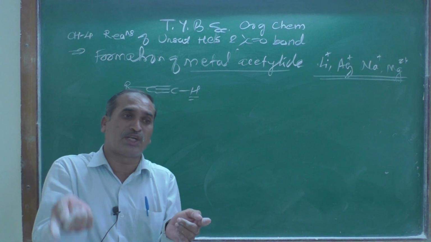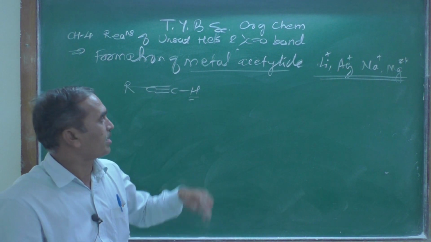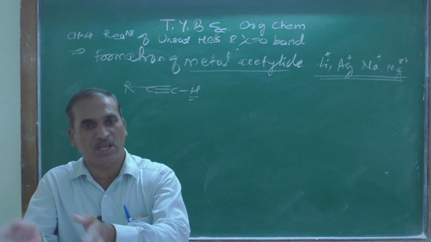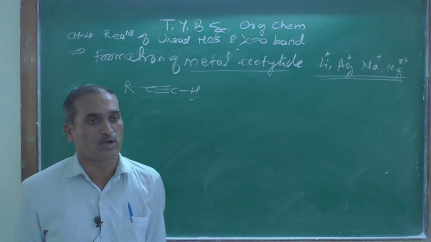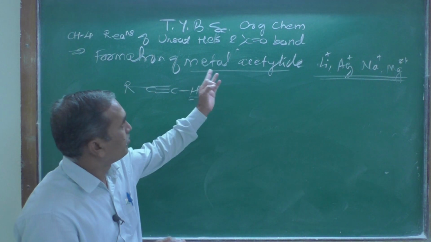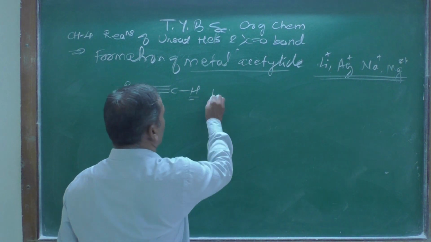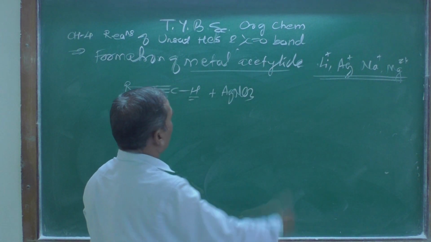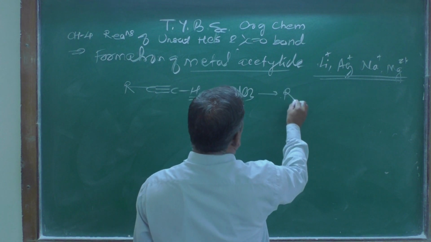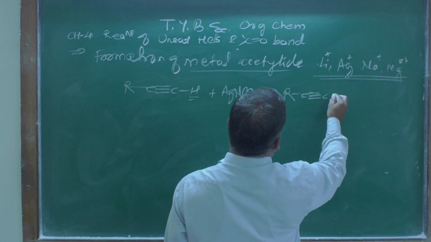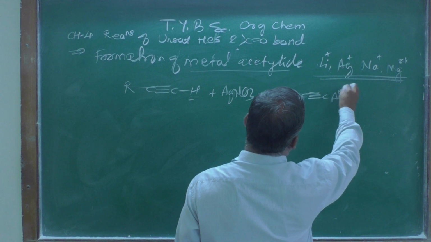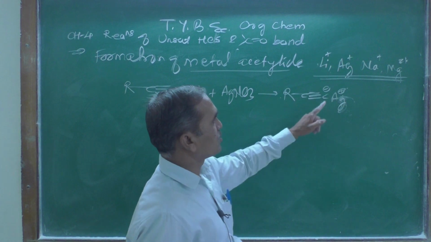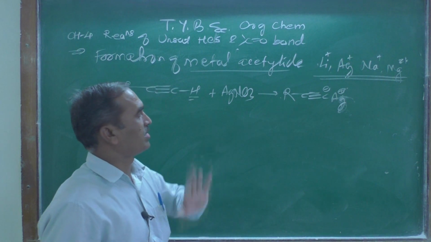That's why it can easily be abstracted by strong bases to form the resulting species, known as metal acetylides. Suppose we take AgNO3, silver nitrate, and we get R triple bond C, then Ag. As we know the metal is positive and here is a negative charge, and this is called a silver acetylide.